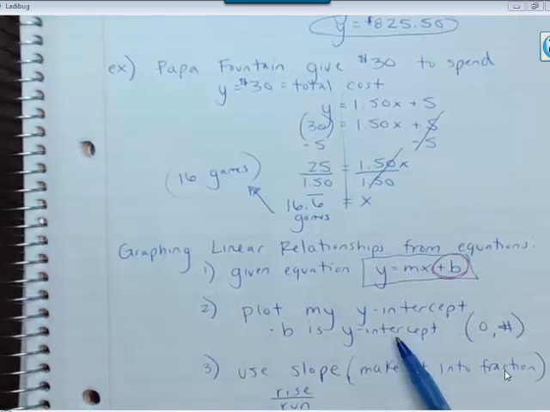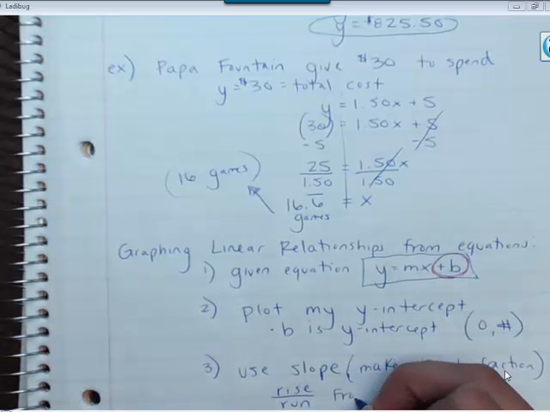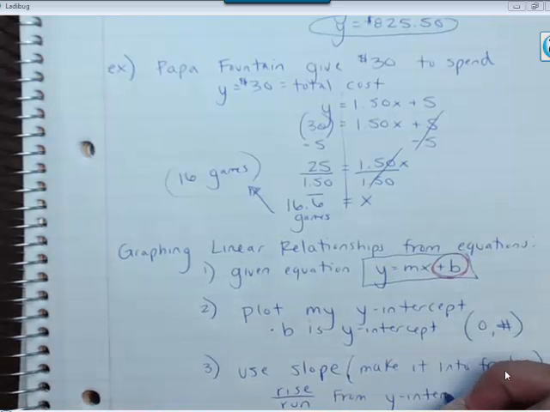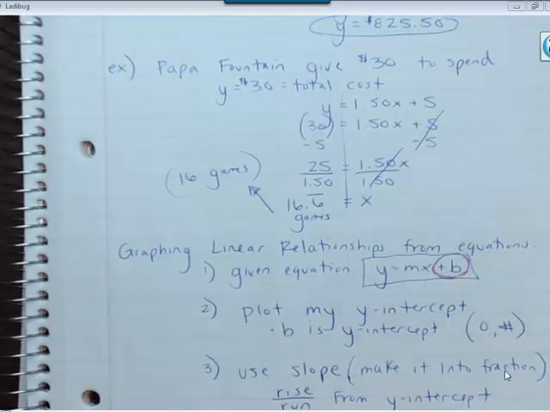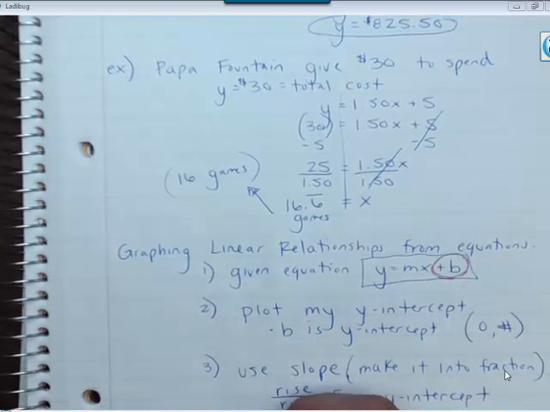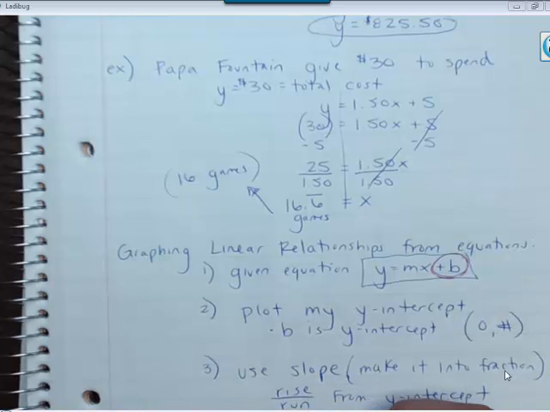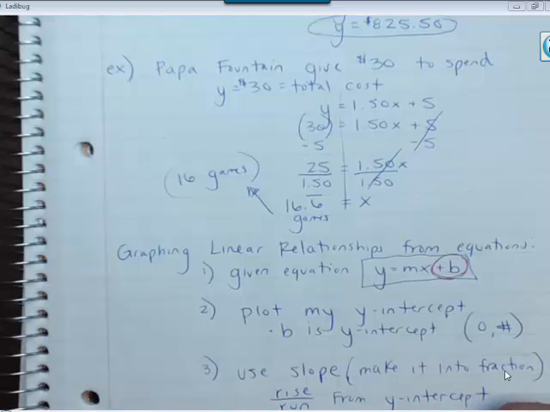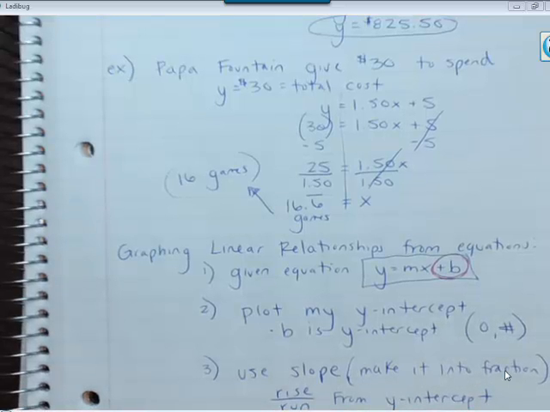Okay, so rise over run from our y-intercept. And then the last step is we're going to connect our points to form that linear line. Okay, so that's our steps.